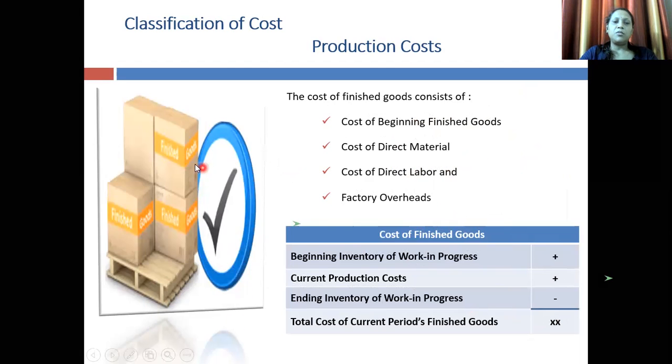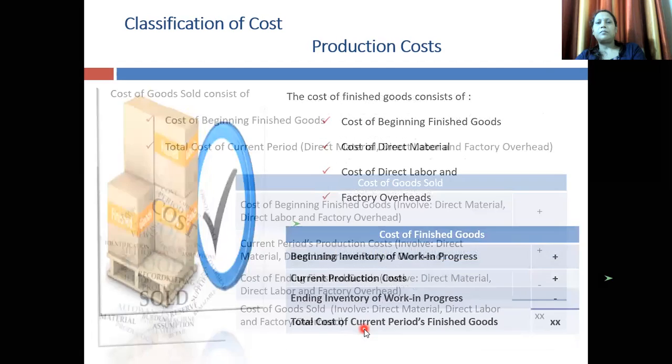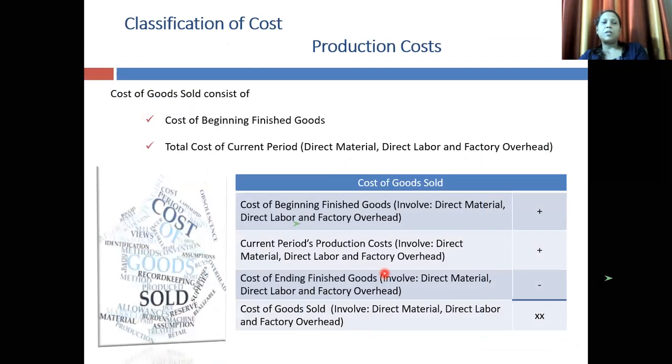So this is the symbol of finished goods. And here work in progress is symbolically presented. So production cost, again, cost of goods sold consists of cost of beginning finished goods, total cost of current period, that is direct material, direct labor, and factory overhead.